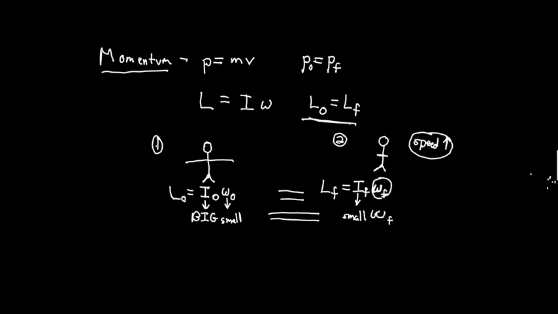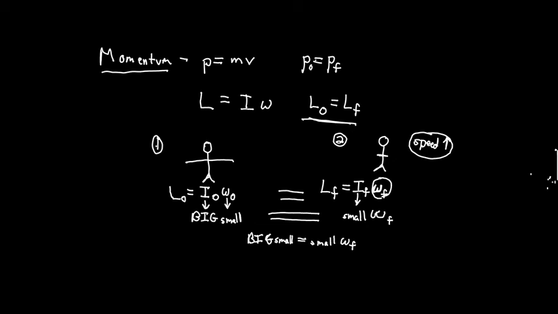So what I have going on here is a big number multiplied by a small number, and that has to be equal to a small number multiplied by whatever omega final is.